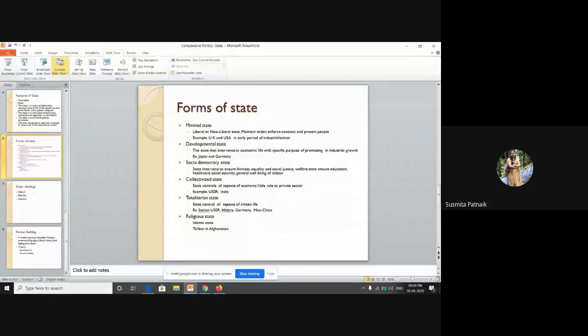There was free access from one country to another, from one nation to another. So through history the state has evolved.